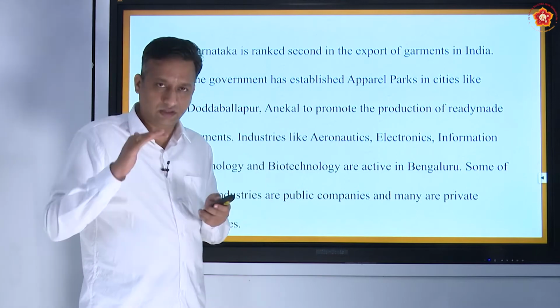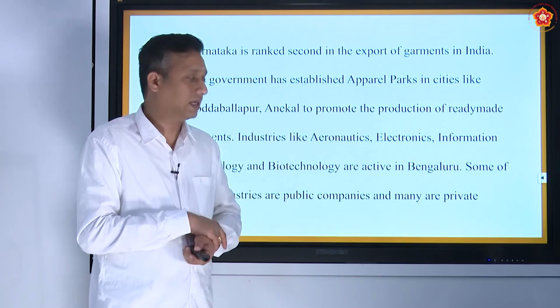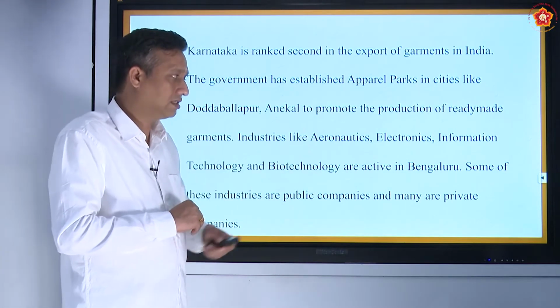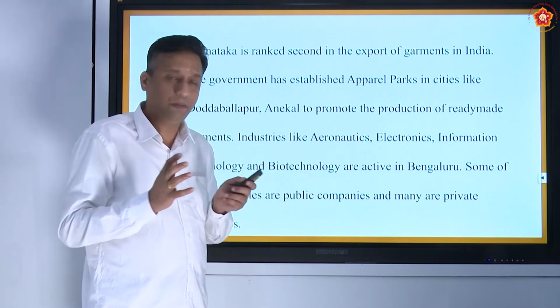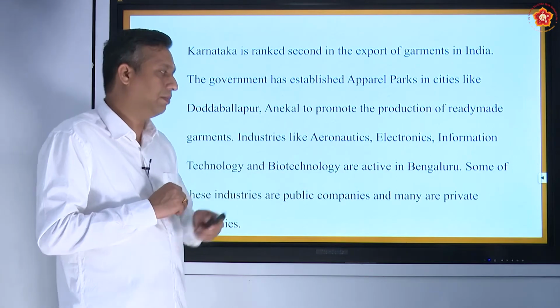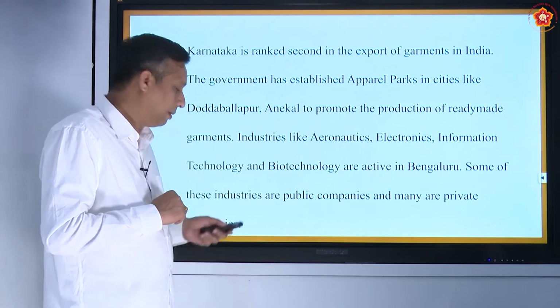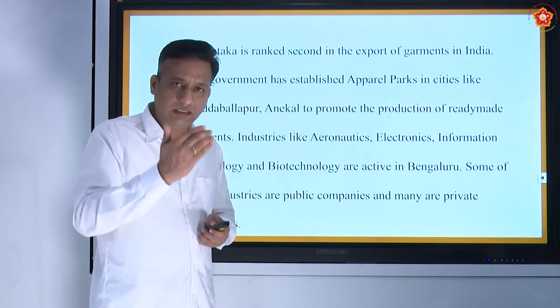Industries like aeronautics for aeroplanes, that is HAL, Hindustan Aeronautics Limited, which you might have heard of. Then electronics, information technology and biotechnology are active in Bangalore. So it is a hub of different industries. Some of these industries are public companies and many are private companies. What do we mean by public companies? Public means owned by the government.